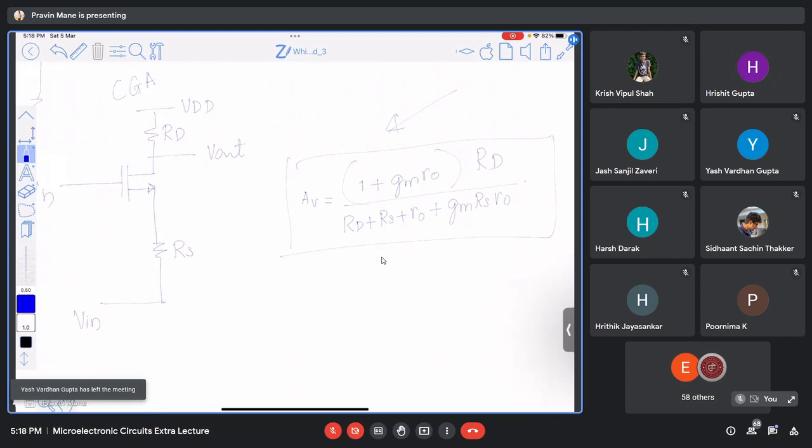See, it is not practically possible to make R_S equal to 0. You take any voltage source, it has its own resistance, right? So R_S will be there in practical circuits, but if you don't want R_S, you just put it to 0. Then this factor will go away, and it is (1 plus g_m r_o) into R_D divided by R_D plus r_o.